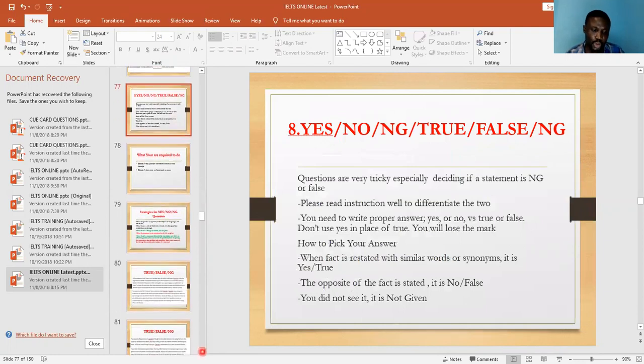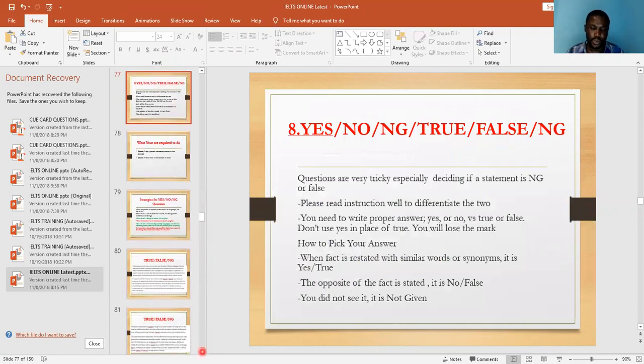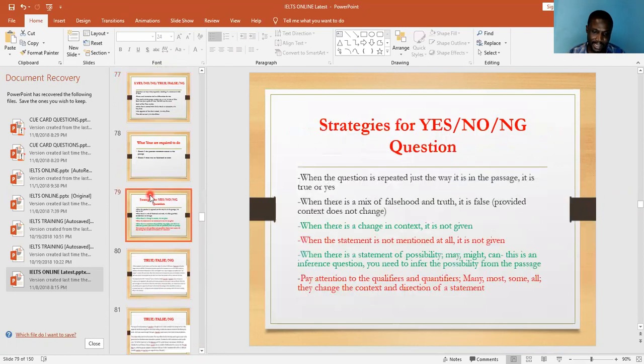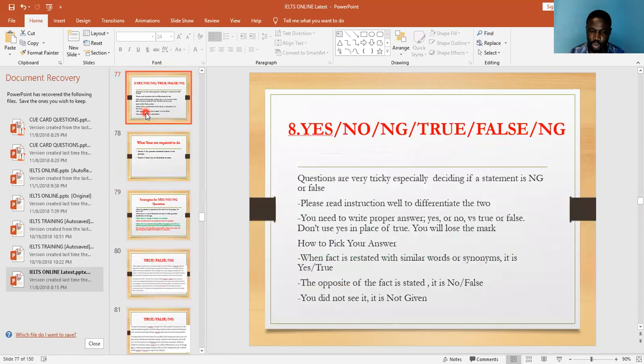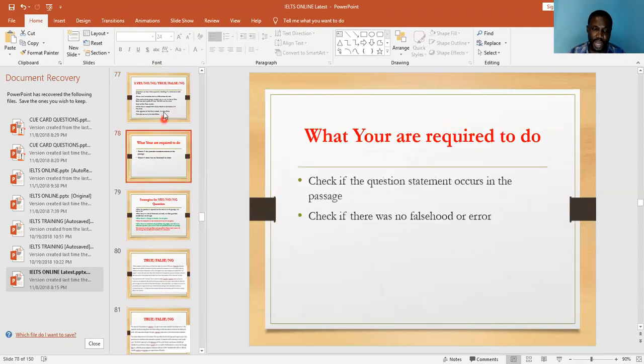Okay, now I'll go to true, false, not given, which is particularly what I want to treat today. In the last lecture, I gave 3 guidelines, but now I'm going to expatiate on those 3 guidelines. But first of all, I said a true, false, not given question wants you to do 2 things in particular.